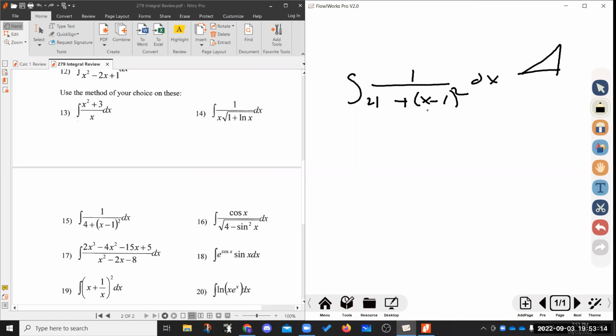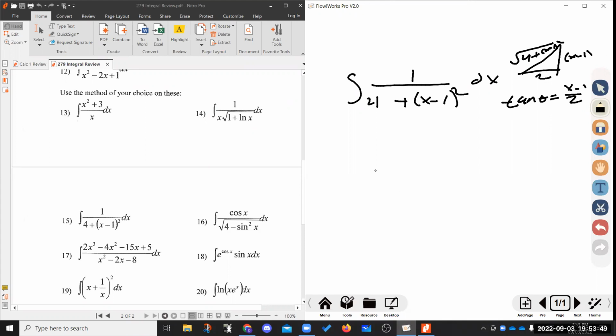So right here, this is x minus 1 on this side and 2, and this would be the square root of 4 plus x minus 1 squared. So this whole thing here would give me theta. Theta would be defined in terms of tangent of theta is equal to x minus 1 over 2.